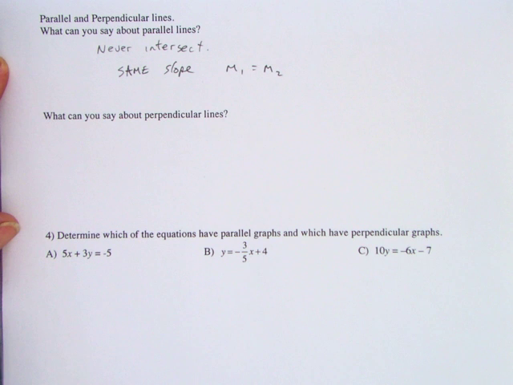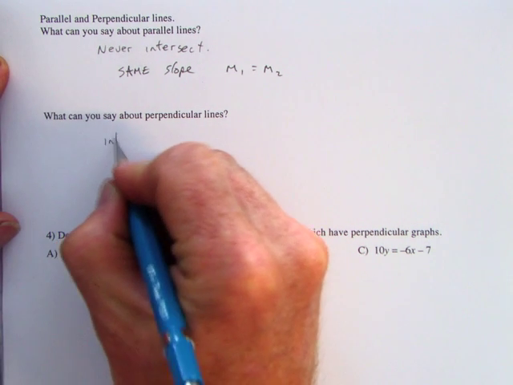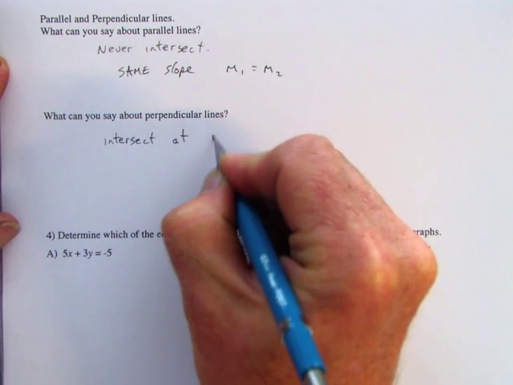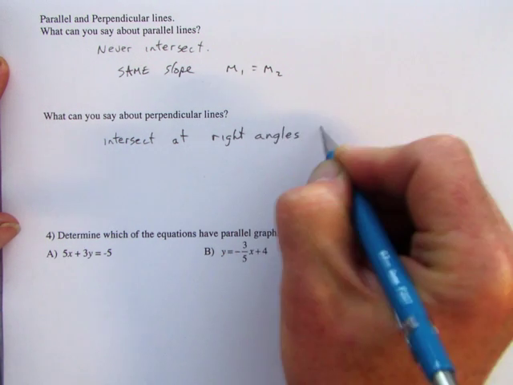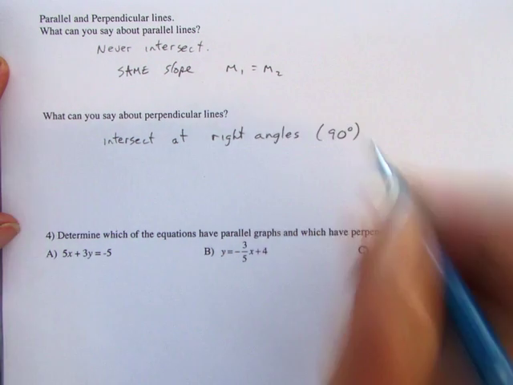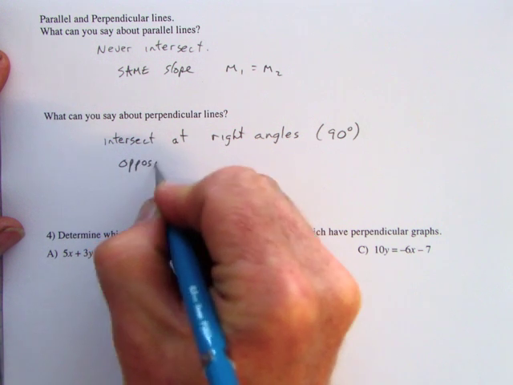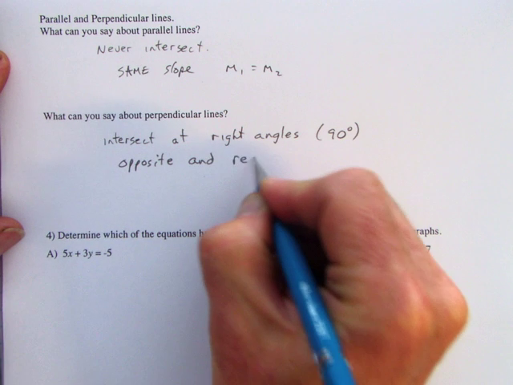What can we say if they're perpendicular? These intersect at right angles, which is 90 degrees. They are opposite in sign and reciprocal.